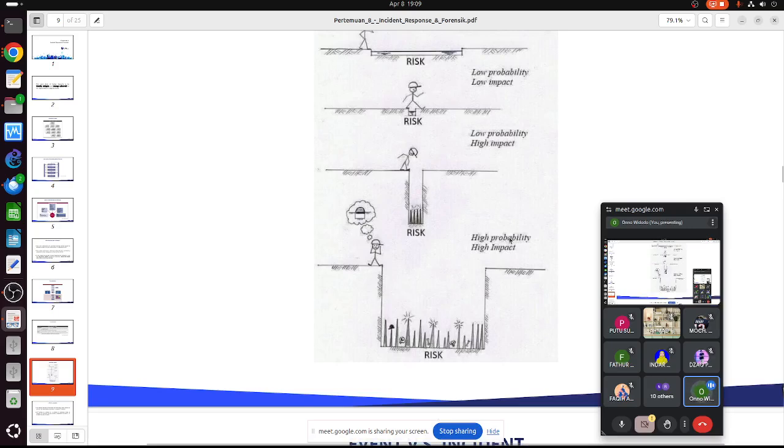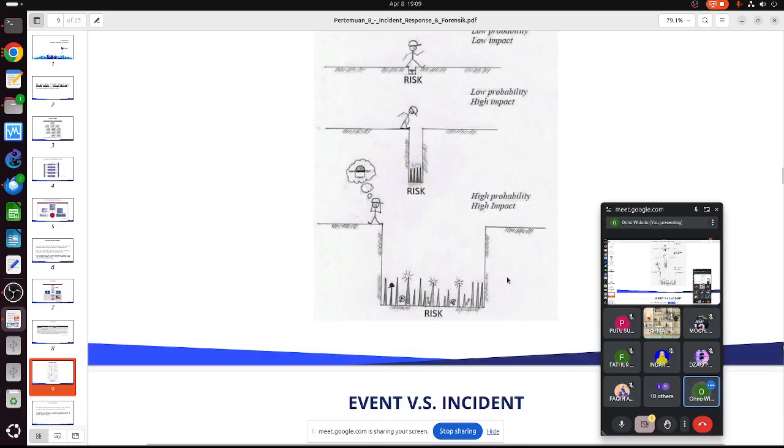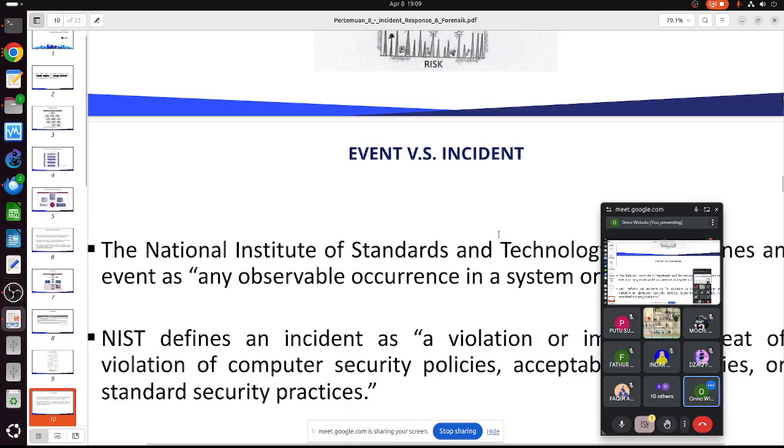If this is high probability, high impact, we have to think many times before we go. So this is the high priority. This one is the low risk. This one is normal. This one, well, we need to mitigate. This one, high priority.